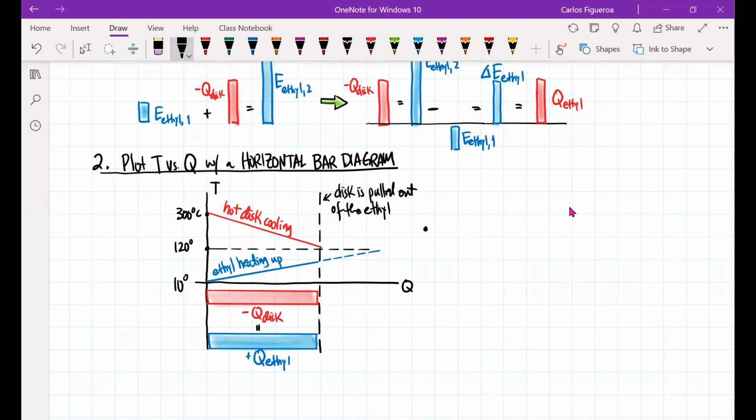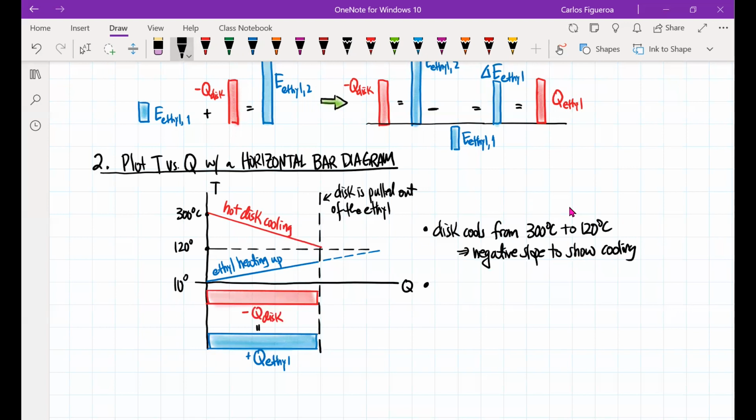So just in summary here, the first thing that we're seeing is that the disk cools from 300 degrees C to 120 degrees C. This implies that you have a negative slope to show cooling.